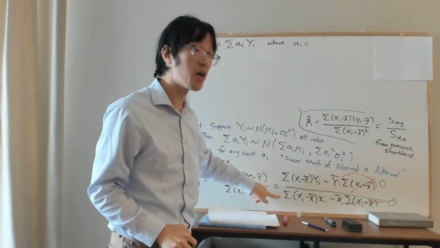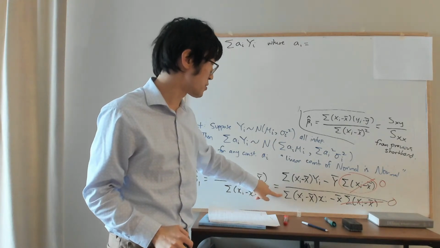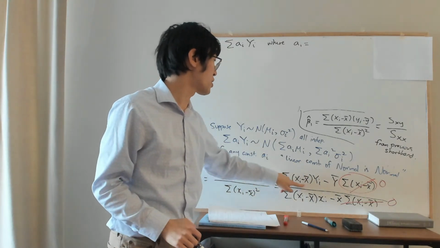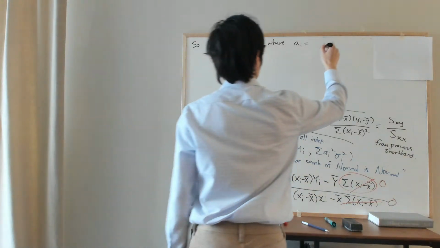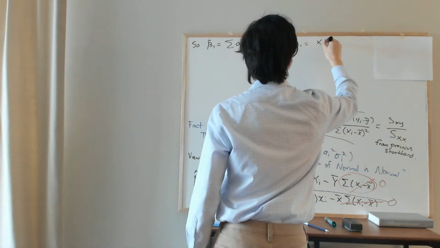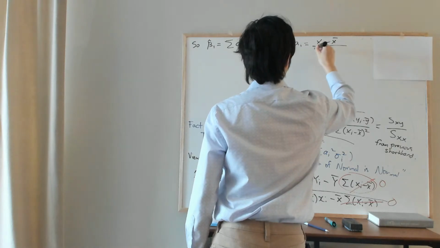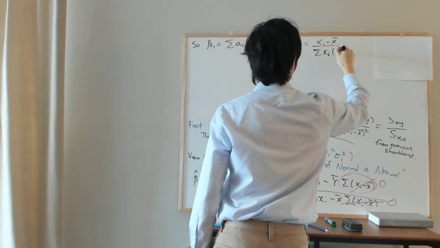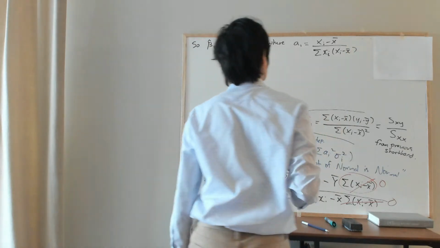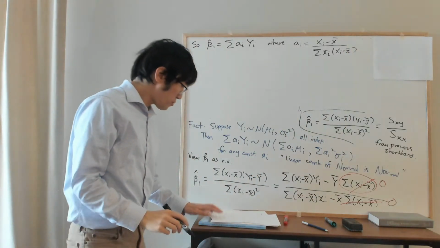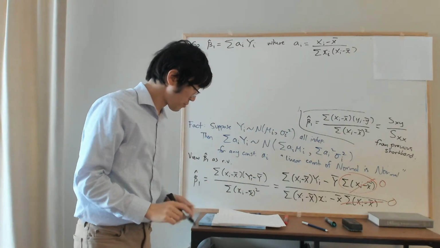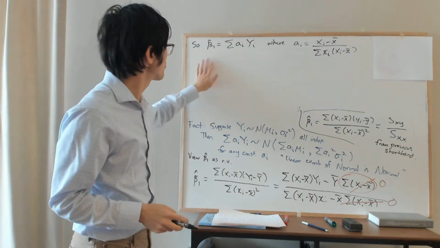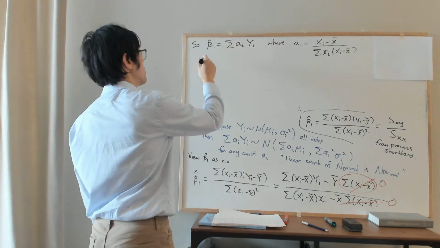Well, the denominator is the same for all of them, and then the constant out here is xi minus x bar. And so we see that the required constant is xi minus x bar over the summation in the denominator. So that's the expression. Now we're ready to take the mean and variance.